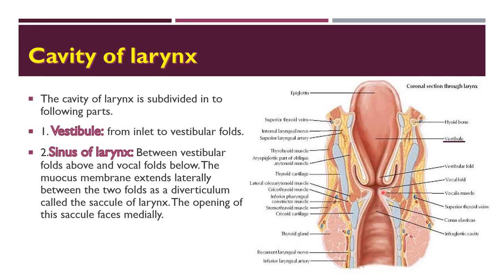Then next you are able to see a narrow space which is also extending laterally. That part is called the ventricle of the larynx.